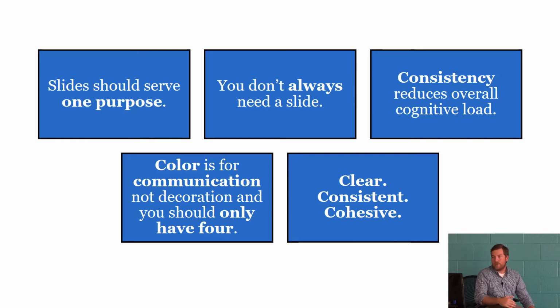Consistency is going to reduce overall cognitive load, leaving more working memory capacity to be focused on content. We should be using color to communicate our content, not to decorate our slides. And we should try to only have 4 colors used in our whole presentation. 1 for background, 1 for text, and 2 for emphasis. And our overall goal is to have a clear, consistent, and cohesive presentation.